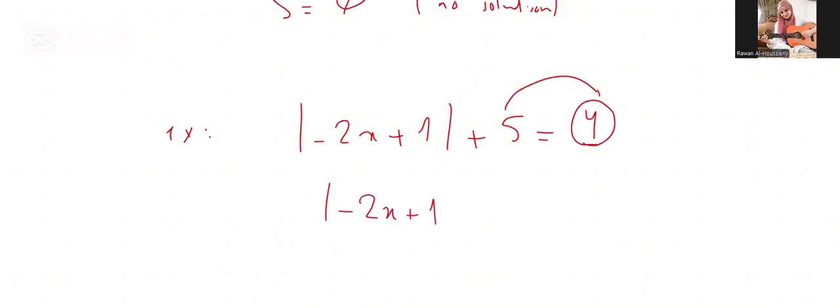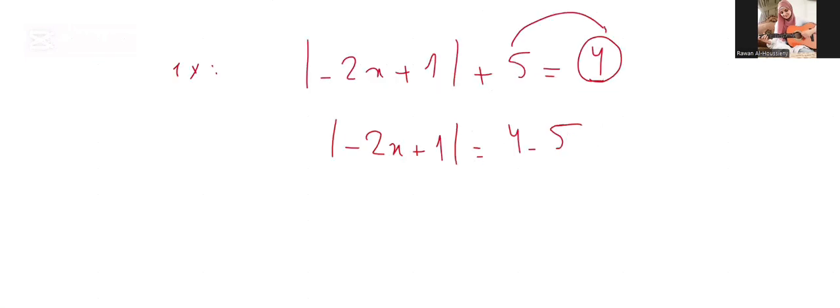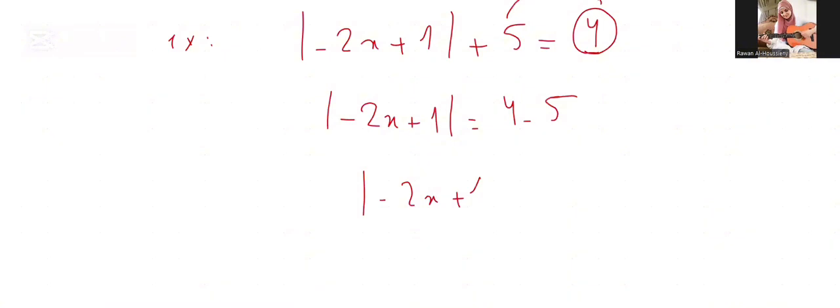So the absolute value of minus 2x plus 1 is equal to 4 minus 5, which is equal to minus 1. So now I have an absolute value equal to a negative number. So this is negative. It's impossible for the absolute value to give us a negative number. So that's why we can say that it has no solution, or we can say that S equals the empty set, meaning it contains no solution.